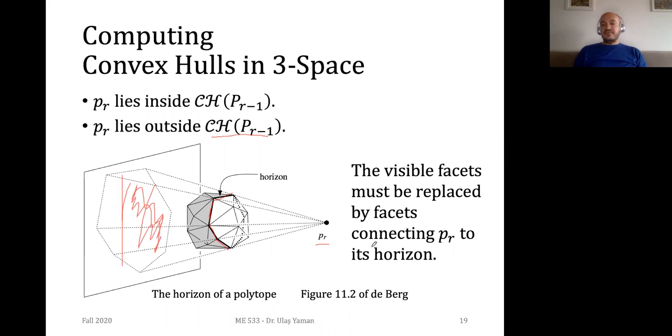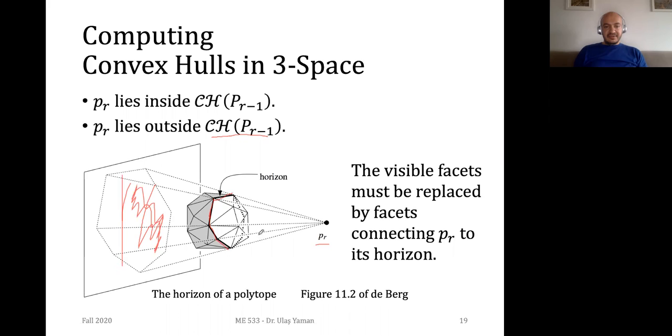We don't have light on this region, so you can assume that this is the shadow of our 3D shape. Then we do computations with this horizon. Since we have this new point here, we connect the vertices of our horizon to the new point P_r. So that's how we form new triangles around this horizon. That's a very simple operation.